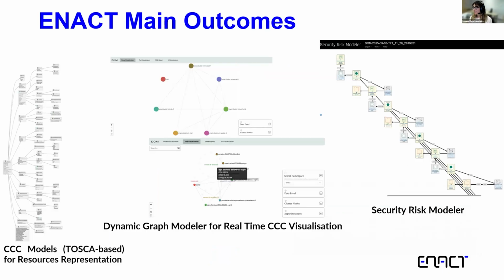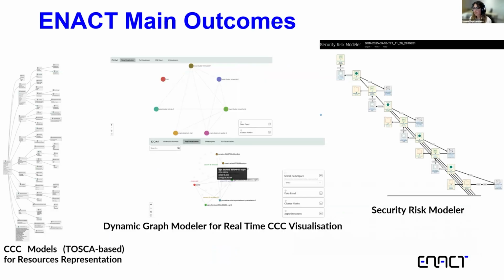ENACT also provides an adaptive modeling framework, which is based on the TOSCA model that captures the characteristics of the continuum, meaning both the applications, the resources, etc., in a semantically rich manner. Another ENACT offering is the Dynamic Graph Modeler.